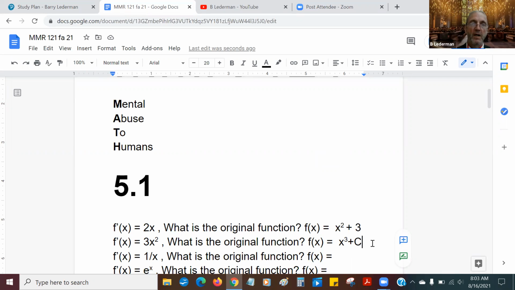Now, everything here, I'm always going to add a plus C. Suppose my answer was 1 over x. What is the original function?